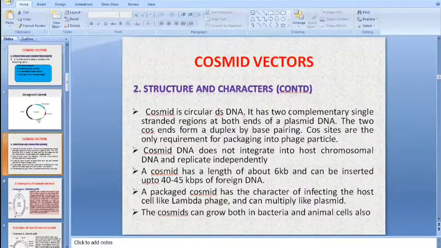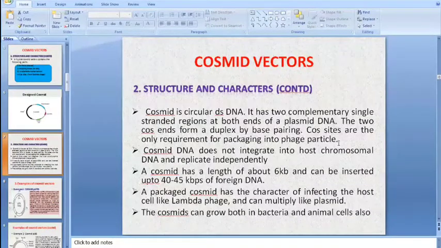Cos sites are the only requirement for packaging into the phage particle, so they are desperately needed. Cos sites are needed for the packaging of foreign DNA into the phage head. Without cos sites, we cannot send the foreign DNA into the host cell. That you have to remember.